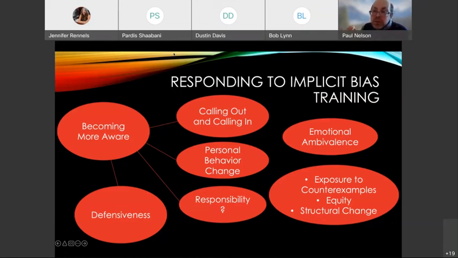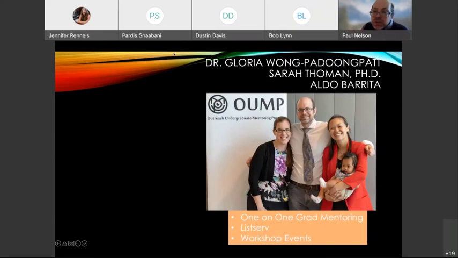This could include things like a department or a lab or a group trying to create policies that create more equity, as well as creating changes in the way individuals are given access to participating in different kinds of decision-oriented meetings, as well as providing exposure to real lived counterexamples to those stereotypes that Dr. Reynolds talked about earlier.